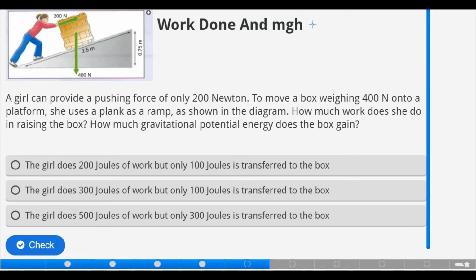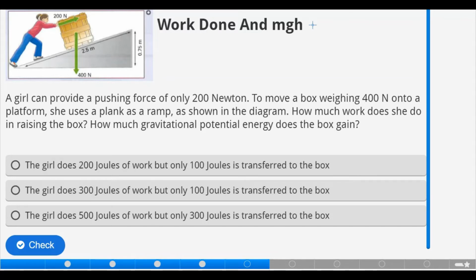It is being pushed with a force of 200 newtons over an inclined distance of 2.5 meters, while the height of the support structure is 0.75 meters. With that, let's read the question and answer appropriately. A girl can provide a pushing force of 200 newtons to move a box weighing 400 newtons onto a platform.